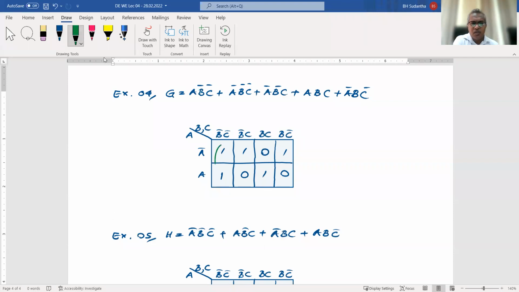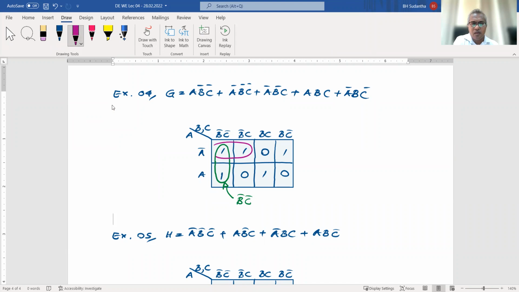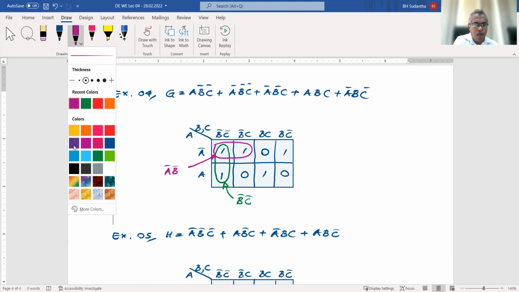We don't have any option to cover this one, we have to make this group. Then this is B bar, C bar. And to cover this one, again, there is no other option. Then this is A bar, B bar. Okay, then this one.